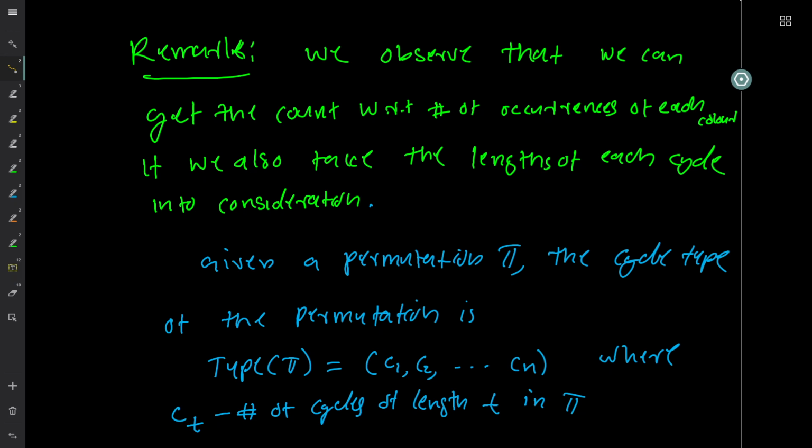Now, this becomes even clearer when you observe that the action is by the group G, which is a subset of the symmetric group S_X. So basically, the action is by permutations. Suppose I take a coloring and permute it. Whatever your permutation is, it is not going to change the number of times a given color appears. So if I look at a coloring and permute the elements, I am going to get another coloring where the number of times each color occurs is precisely the same.